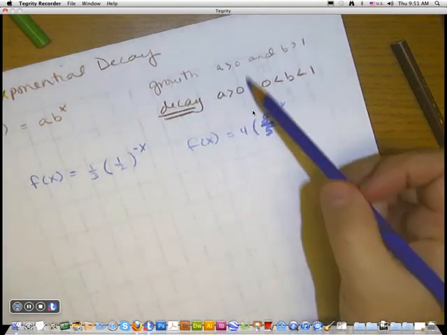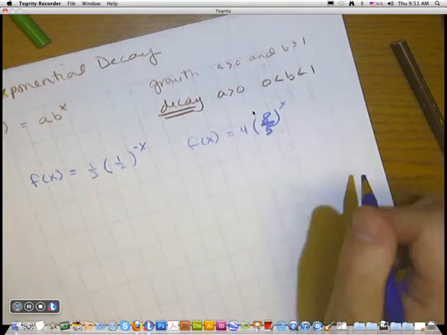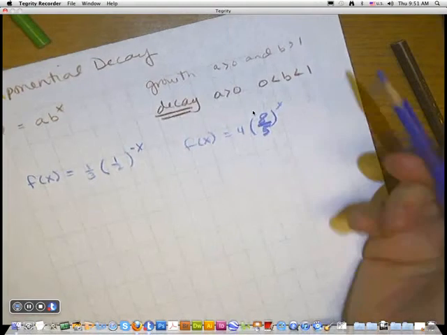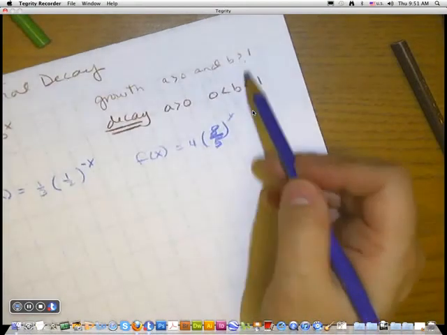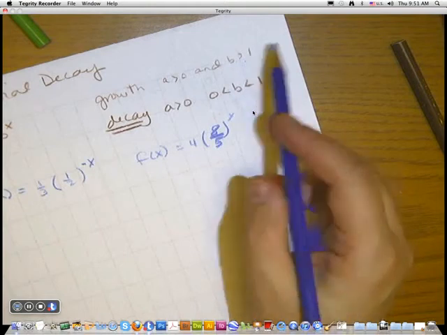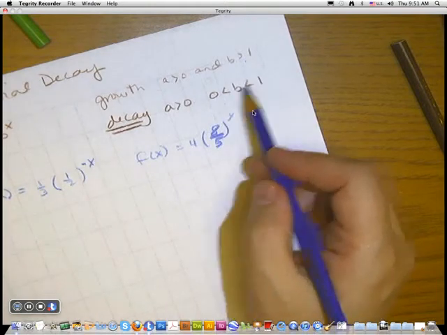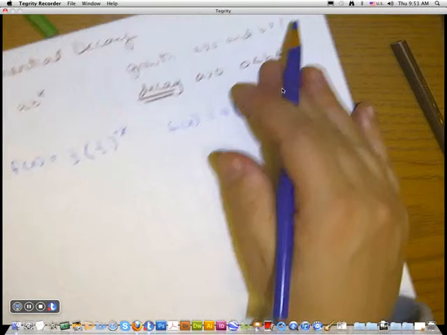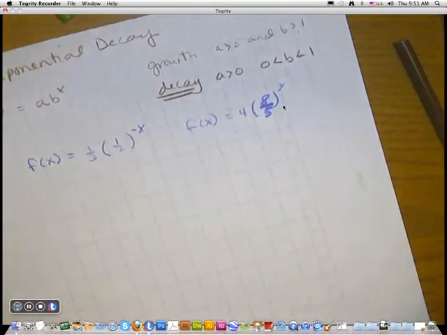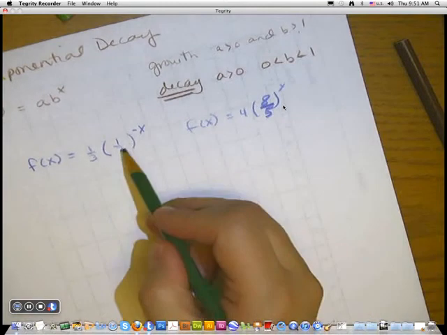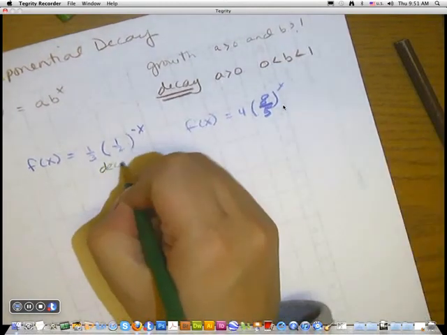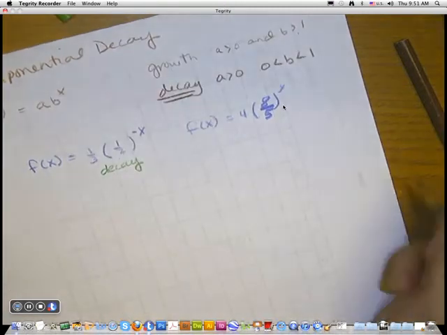So when this says greater than 0, it's just talking about a traditional graph. You can be below the axis and still be growth and decay. What's important is this information: am I greater than 1, or am I between 0 and 1? So if these are my two equations, I look at my b. 1/2 is between 0 and 1, so this problem is a decay.